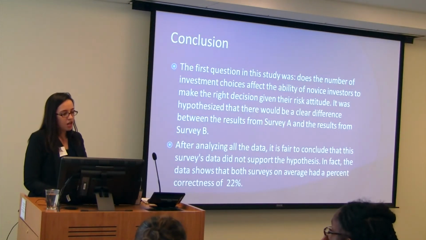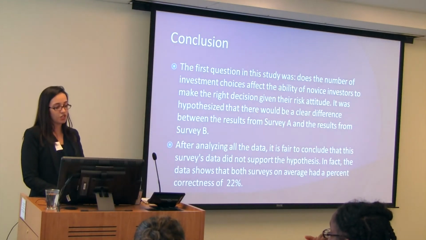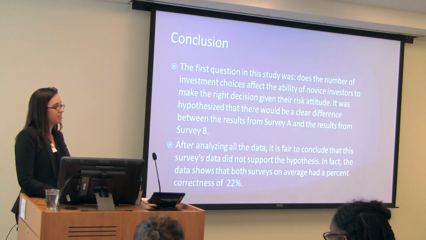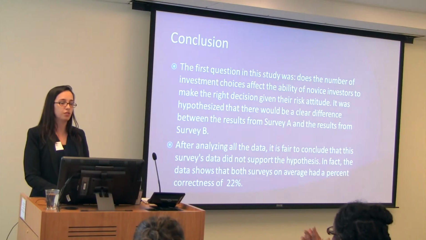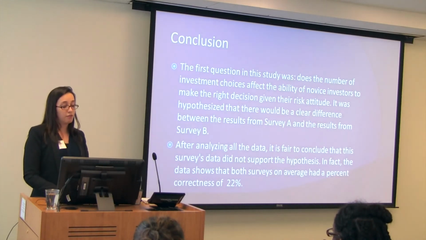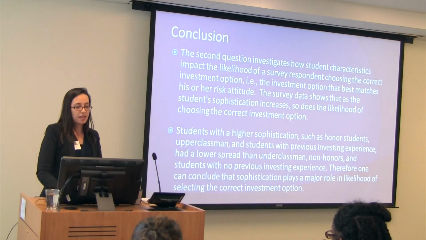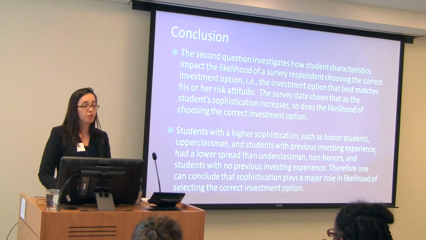In conclusion, the first question in the study was, does the number of investment choices affect an investor making the right risk attitude choice? It was hypothesized that there would be, especially in the smaller option survey compared to the bigger option survey, so 5 versus 20. However, there was not. The second question was if the characteristics of the student played a role in how they would perform.